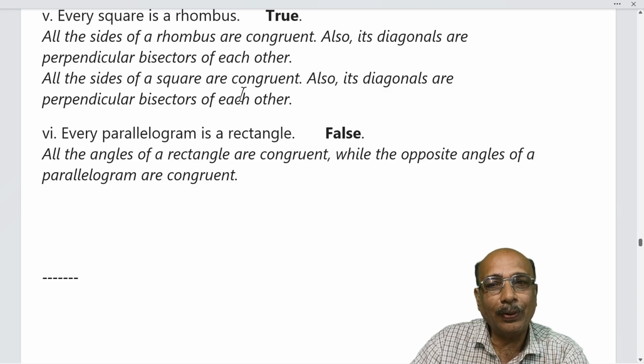Also, its diagonals are perpendicular bisectors of each other. Therefore, every square is a rhombus is true. Next, every parallelogram is a rectangle. False. All the angles of a rectangle are congruent, while only the opposite angles of a parallelogram are congruent.